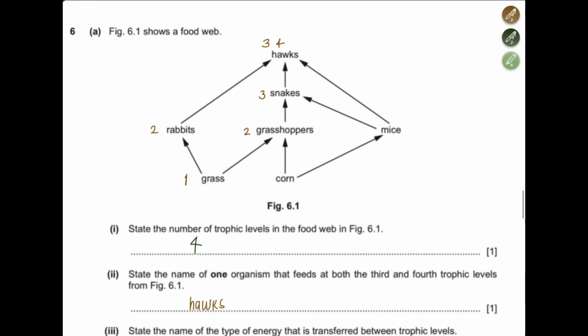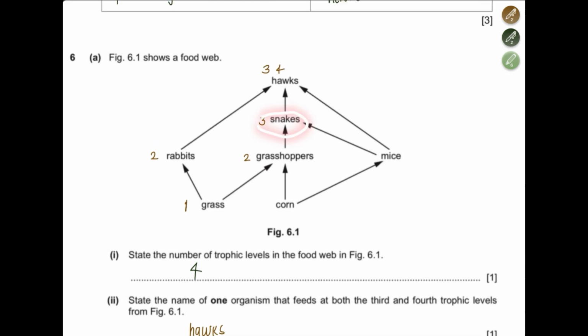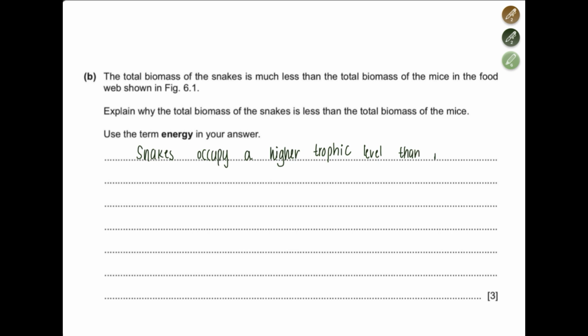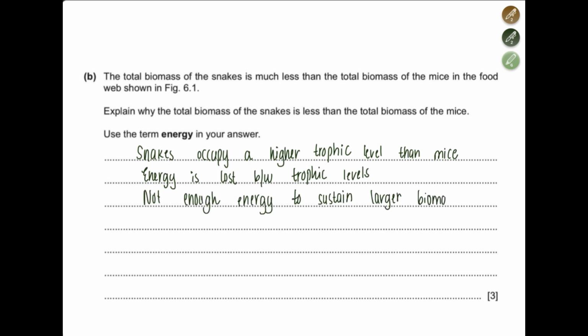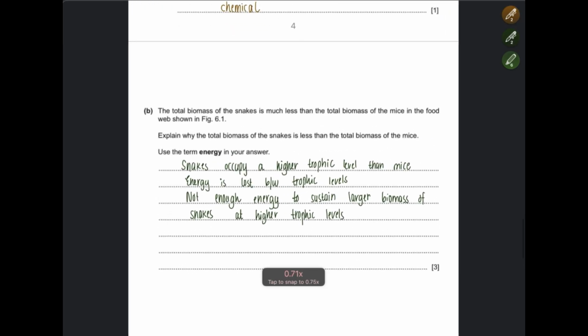This is because snakes are higher up in the food chain compared to grass, and with every consecutive increase in trophic level, energy is lost, and then there's not enough energy at higher trophic levels. And that's all about food chain and food web.